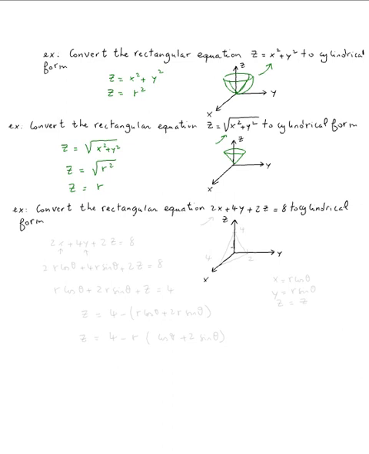Alright, next example: we have 2x plus 4y plus 2z equals 8. Let's start with the z-intercept, which will be 8 over 2, which is 4.